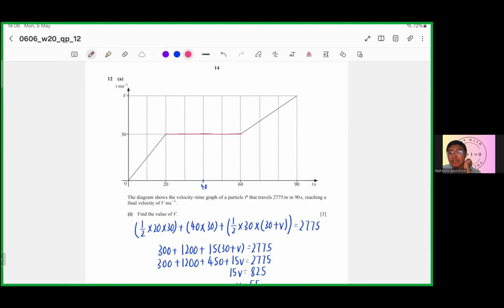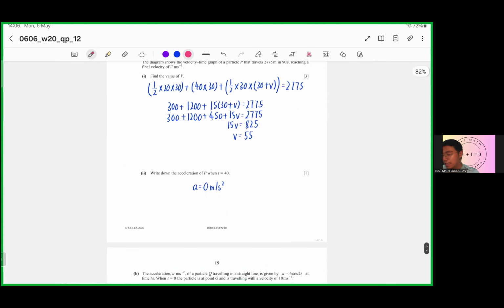It means the car will not accelerate, it just stays at constant velocity only. For t from 0 until 20 or 60 until 90, it's actually acceleration.